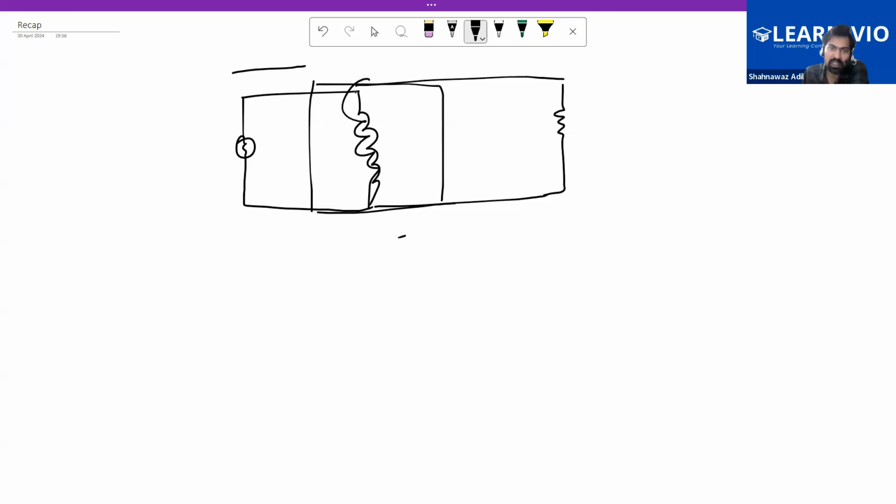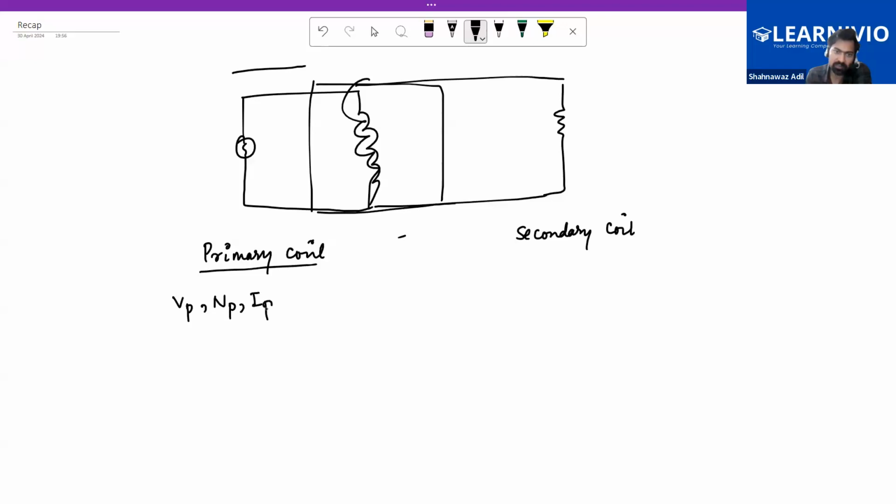So in the transformer, you have a primary coil, and then you have a secondary coil. In the primary coil, you have voltage primary, number of turns primary, current primary, and then power primary.